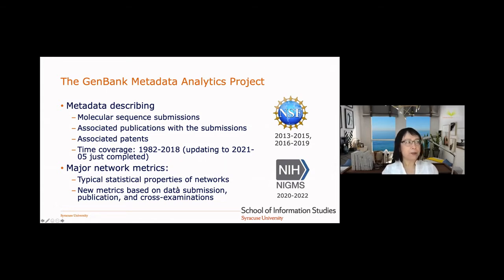In the GenBank metadata analytics project, we basically collect metadata describing genetic sequences. The genetic sequences include not only DNA and RNA sequences, but sometimes also protein sequences.